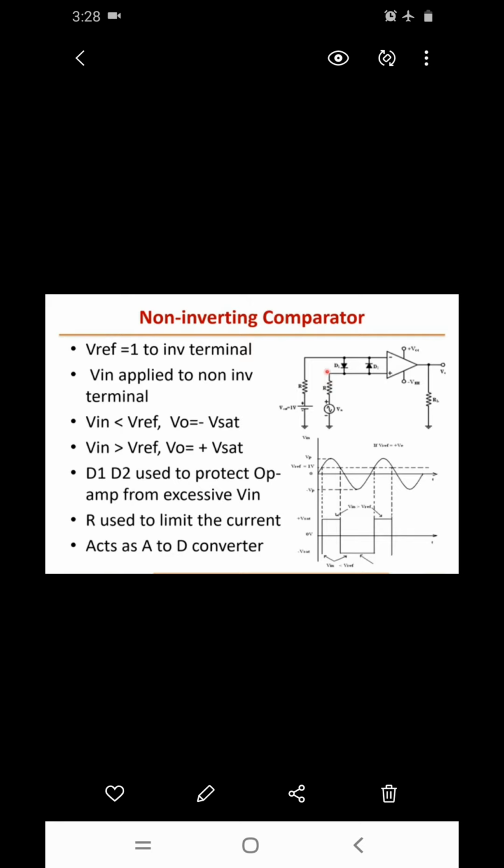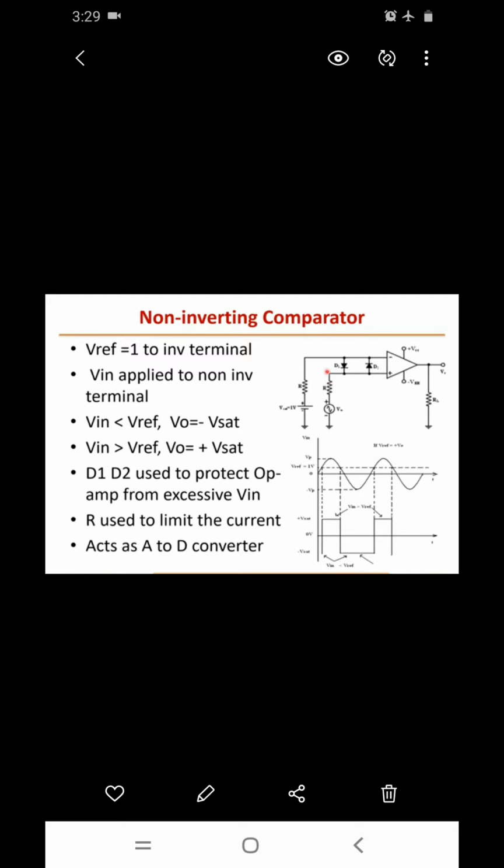Now let us discuss a non-inverting comparator. As you can see here, the figure shows an op amp used as a comparator. Here it is a non-inverting comparator.